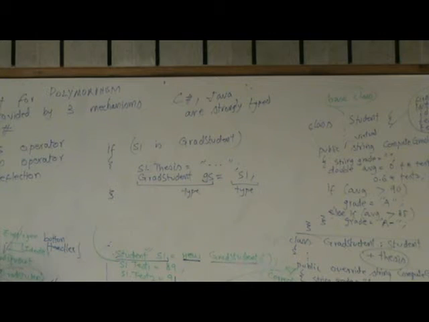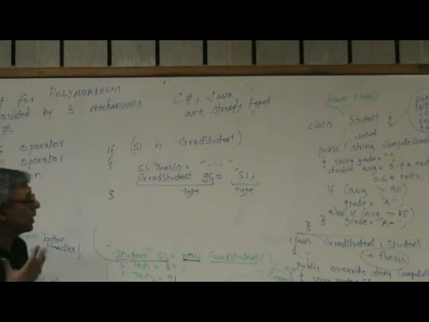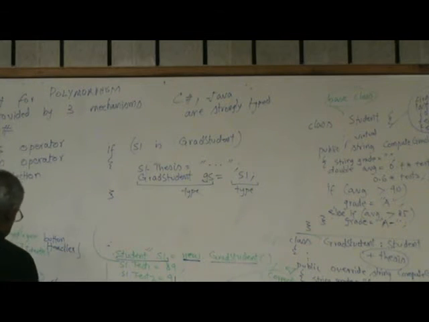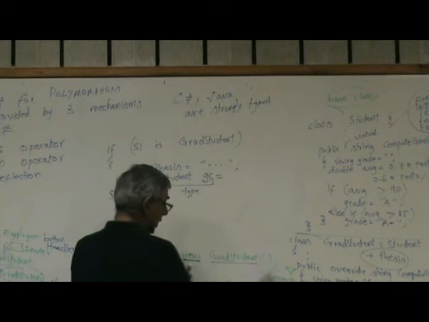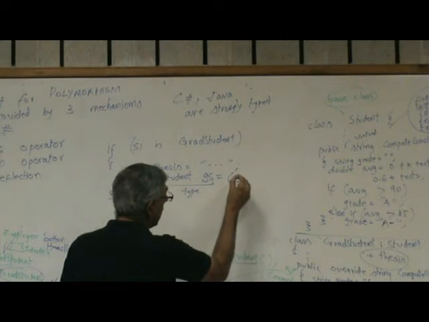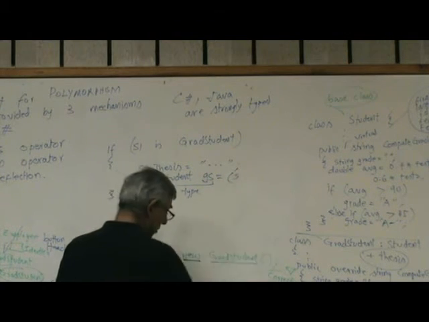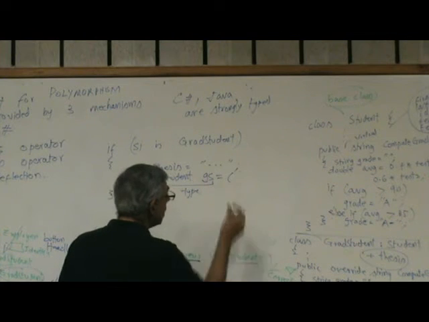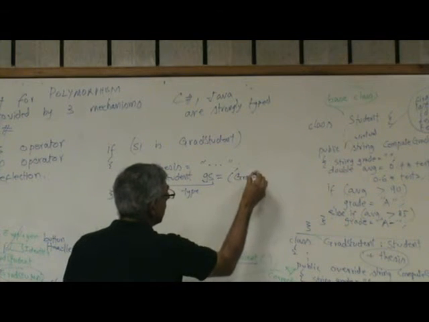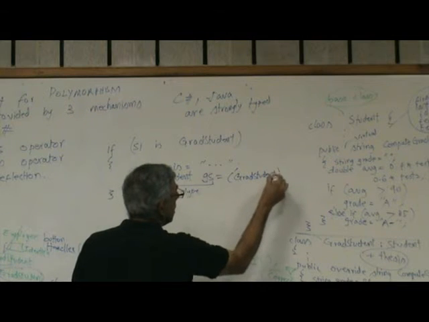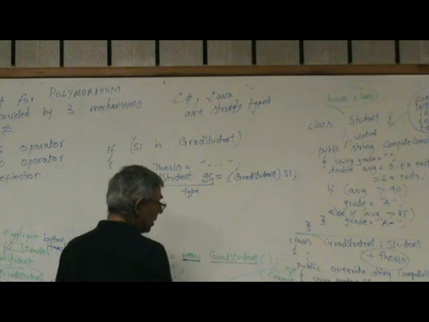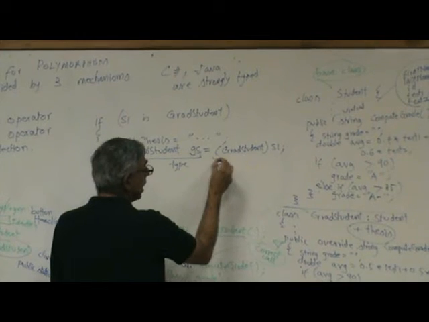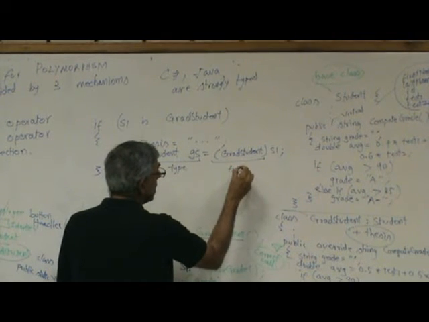To satisfy the compiler, we have a concept called typecasting. In typecasting, you tell the compiler it's okay to convert S1 to a grad student.